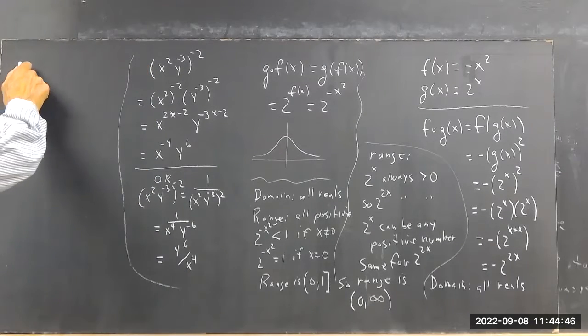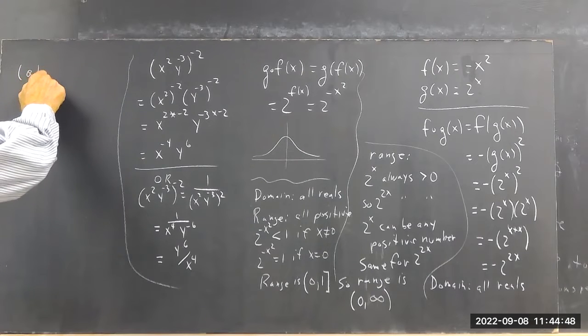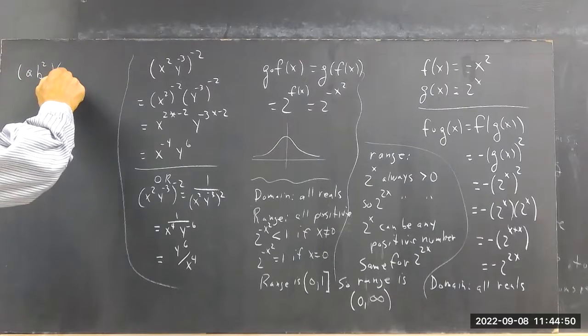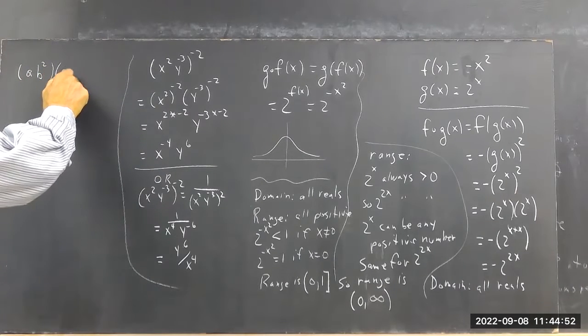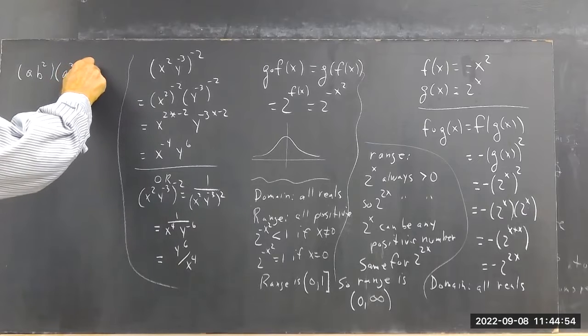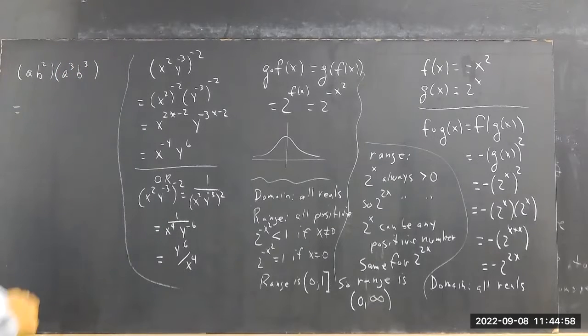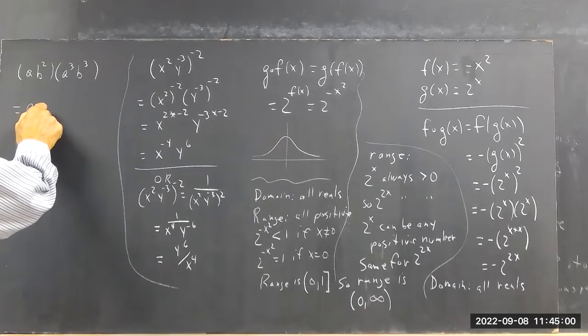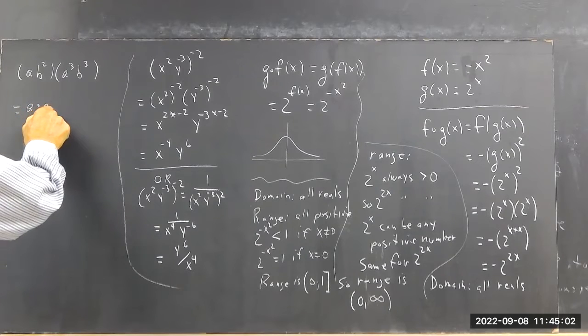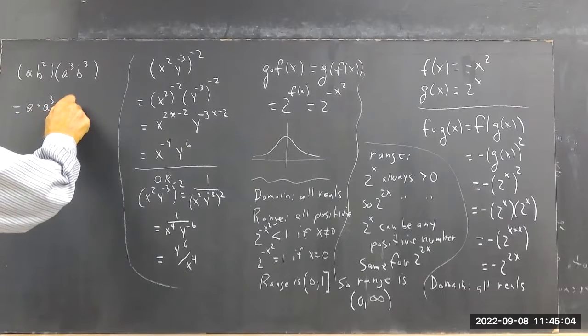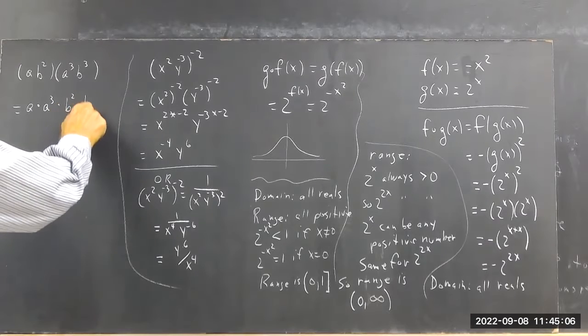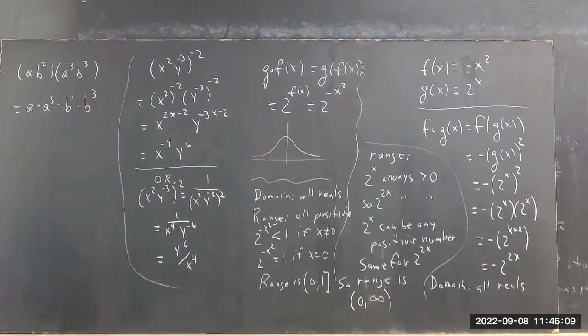Now, a b squared times a cubed b cubed. We could write this as a times a cubed times b squared times b cubed. I encourage you to write it out this way.